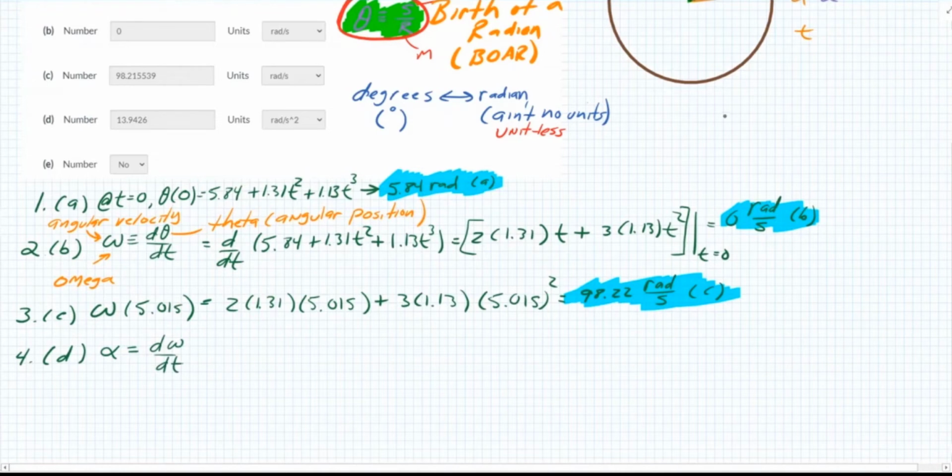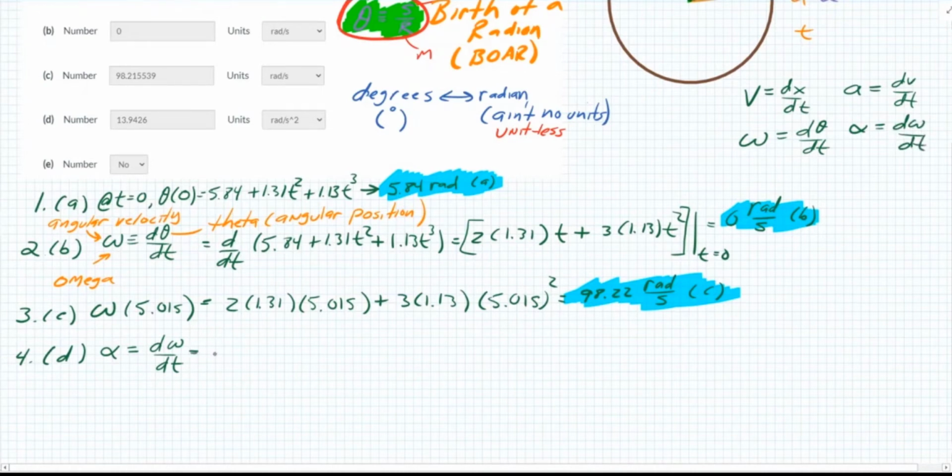Just like in the good old days, velocity was defined as dx dt, and now omega is defined as d theta dt. And in the good old days, acceleration was defined as dv dt, and now angular acceleration, alpha, is defined as d omega dt.